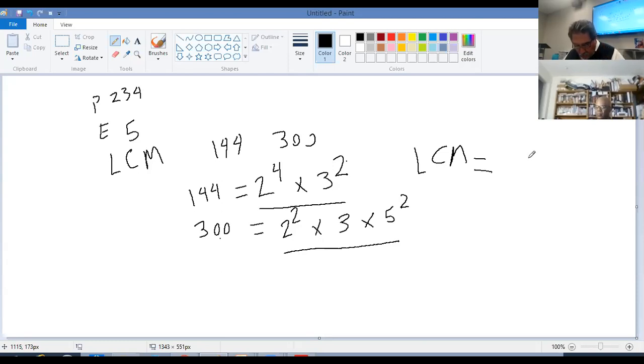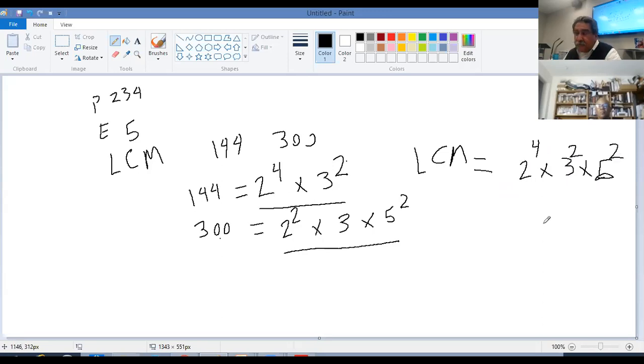You are looking at all the prime numbers to the greatest exponent. We have 2, we have 3, and we have 5, okay? It doesn't matter that 5 is not in both. We want all the primes in both of them, and we want them to the greatest power. So it should be 2 to the power of 4, 3 to the power of 2, and 5 to the power of 2.